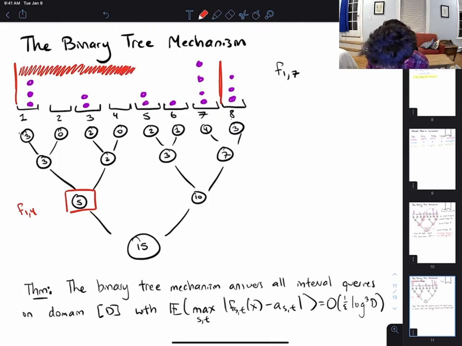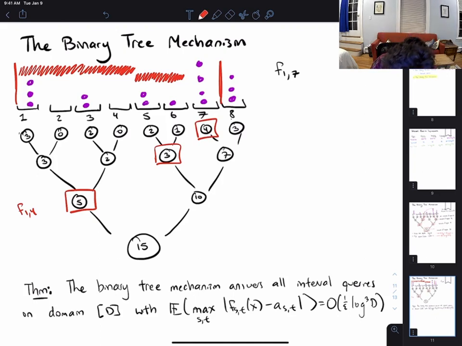Okay. And now I only have to do 5, 6, and 7. What's the biggest interval that contains them? Well, it's this one, 5 through 6. Okay, so that gives me 5 and 6. And now I'm left with just 7, and the biggest interval that contains it is 7.